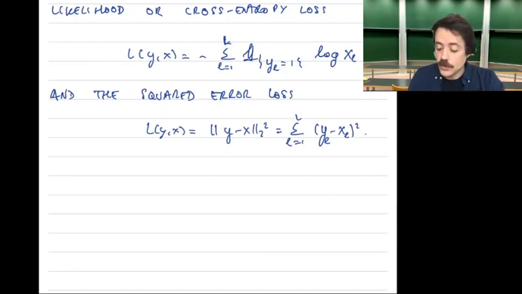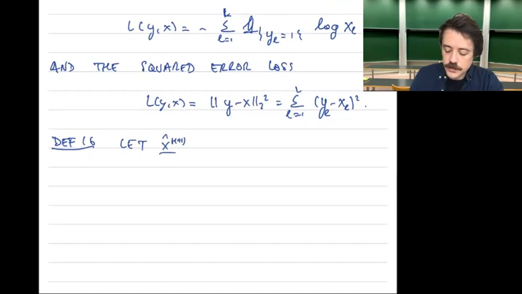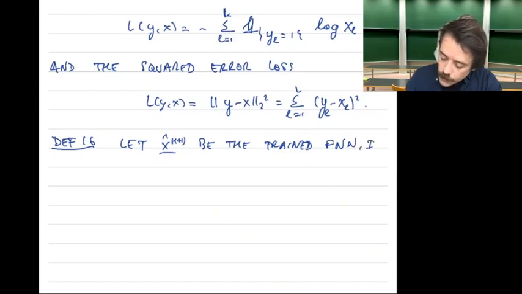Okay. So now we have a model analytically, and we have a training strategy. And so we can now define the classifier that results from all of this. So definition 16. Let x hat, h plus 1, be the trained feed-forward neural network. What do I mean by this?